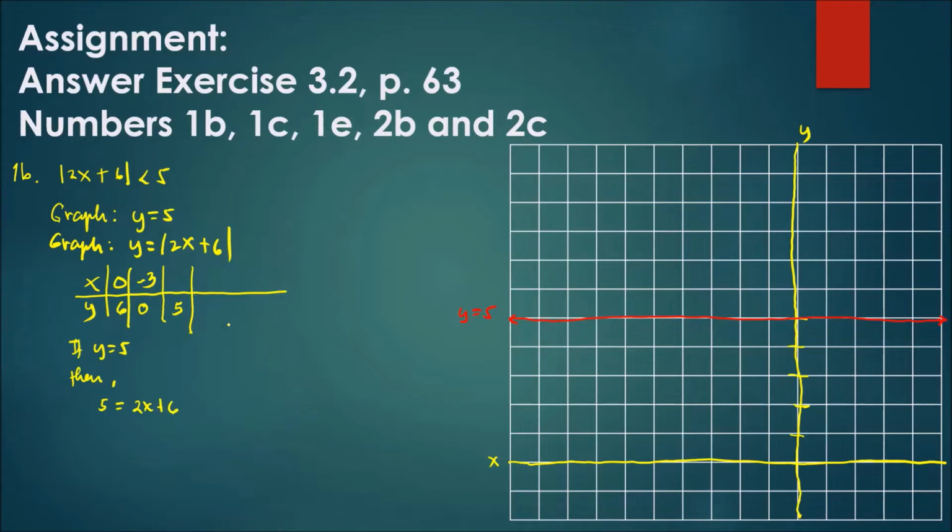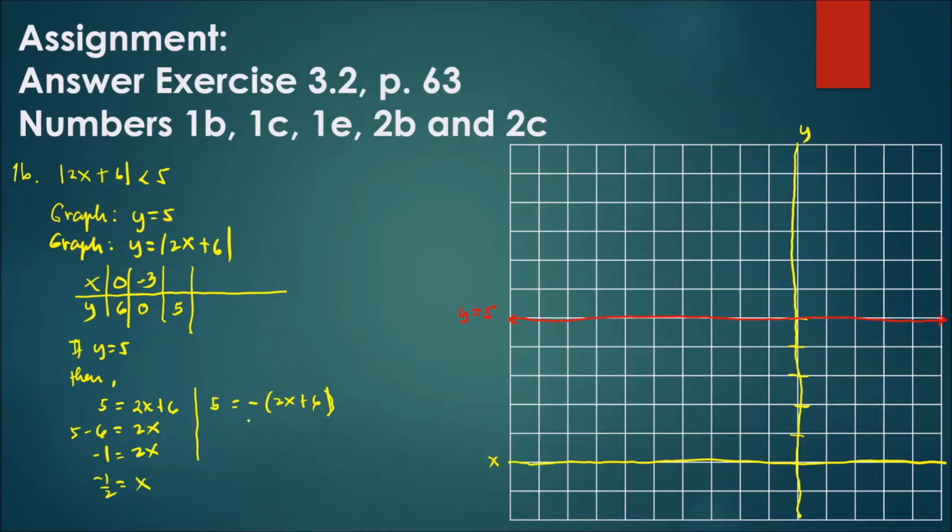But since this is a modulus, there are two possibilities. That is, 5 can also be the negative of 2x plus 6. Then let's solve for x. So 5 minus 6 is equal to 2x, or negative 1 is equal to 2x, or negative 1/2 is equal to x.